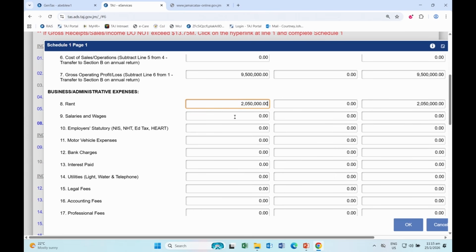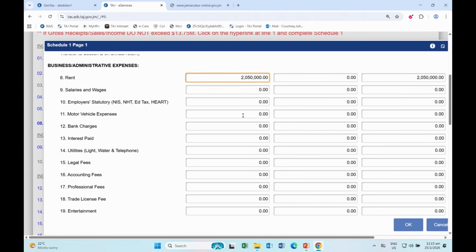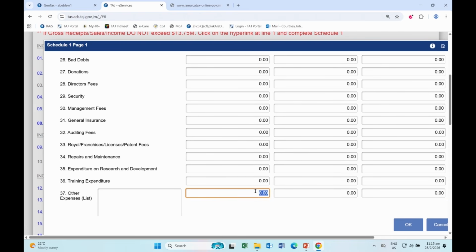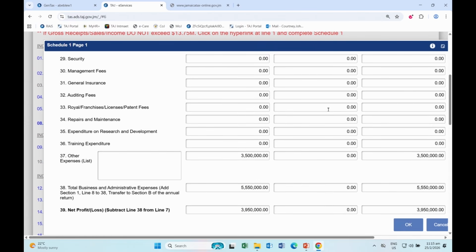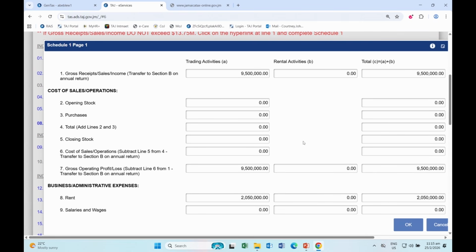He paid rental for space to the tune of $2,050,000, and then he had some additional expenses, which we'll list later, of $3.5 million. So that would capture his gross sales.